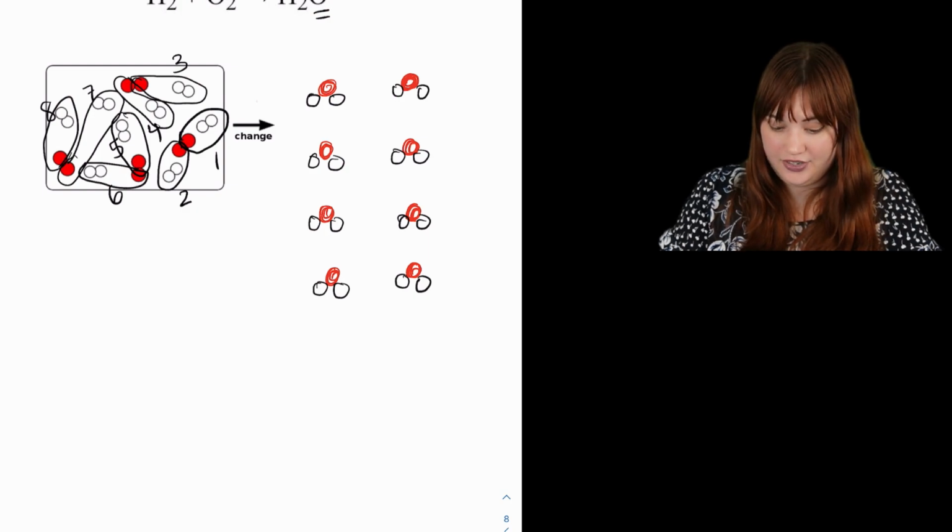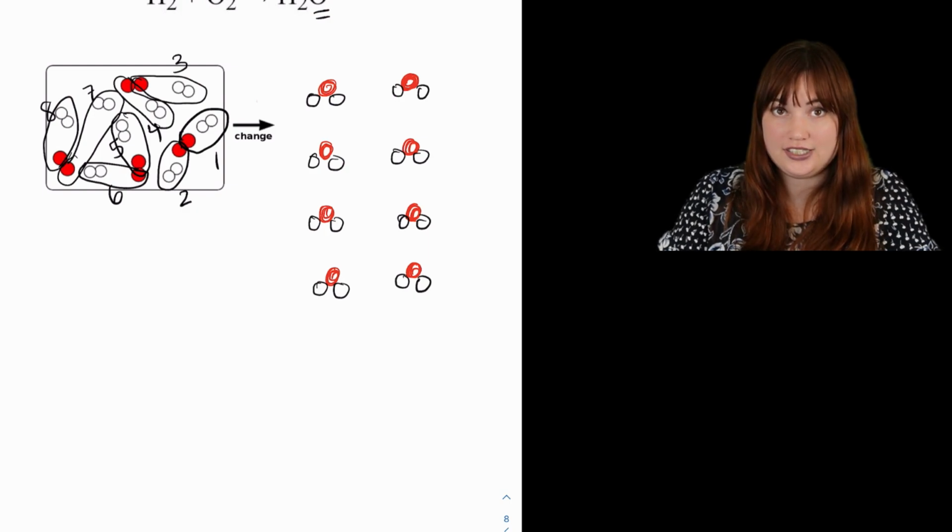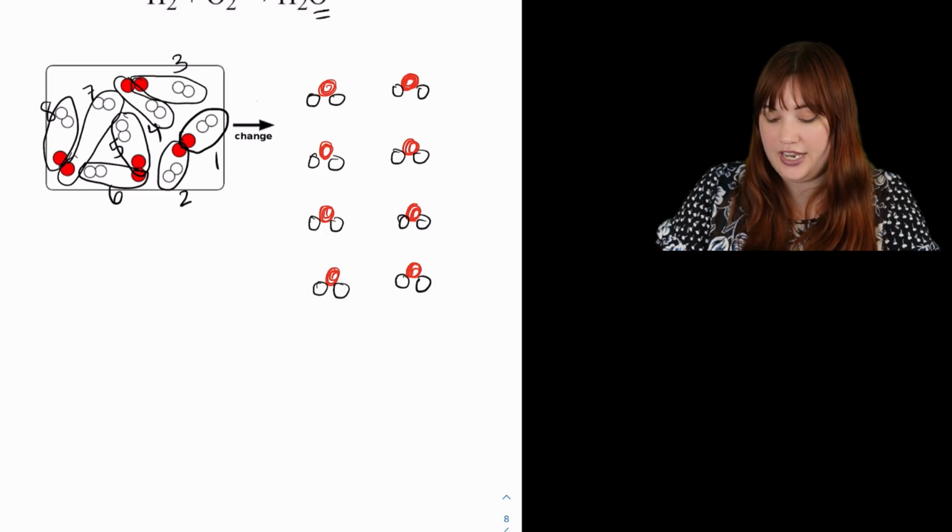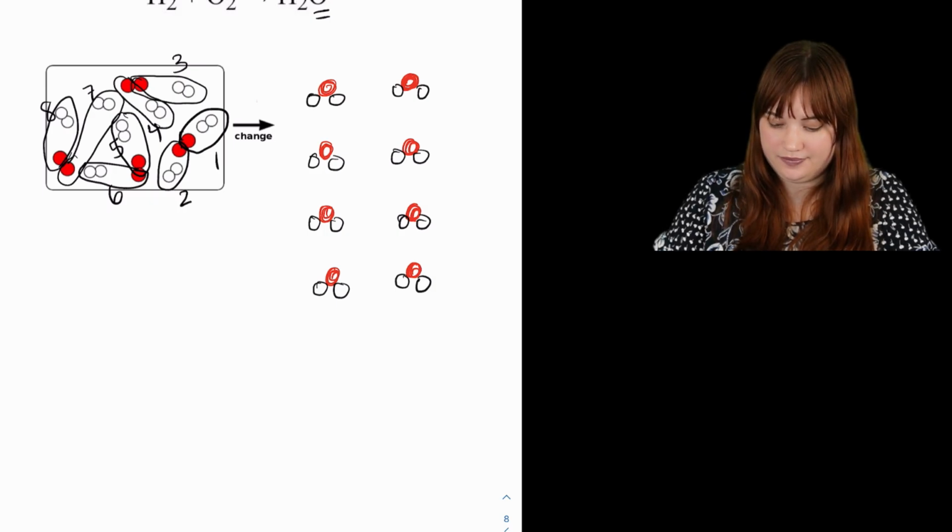There we have it. If we have this many hydrogen and oxygen molecules reacting, it will create 8 water molecules.